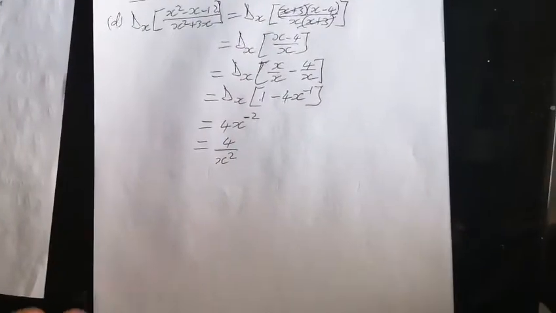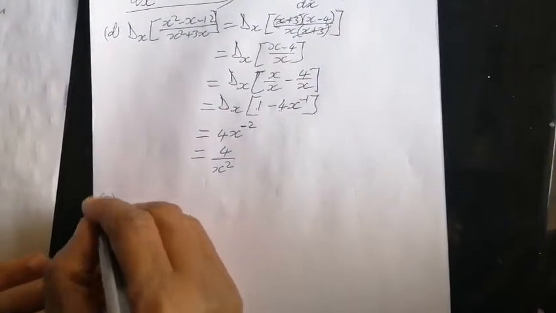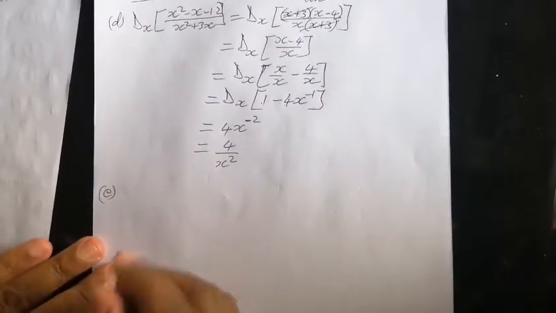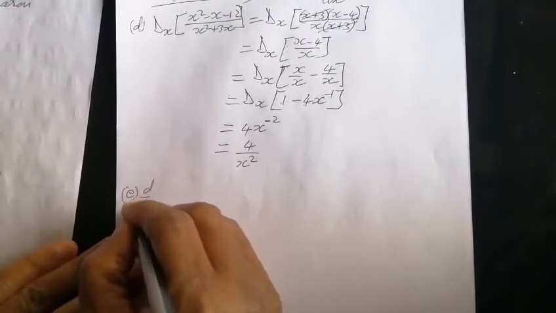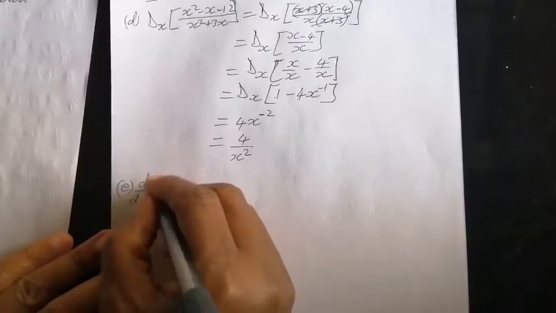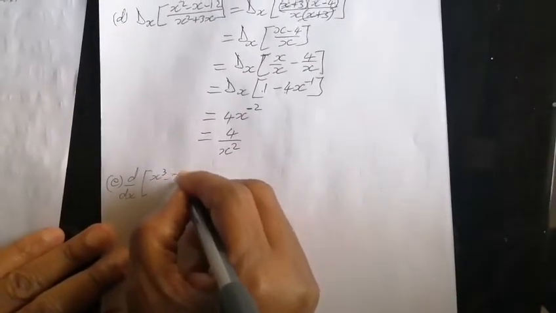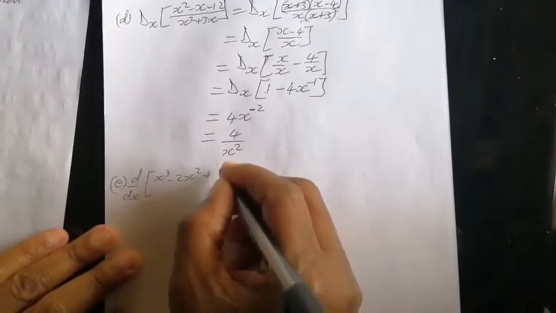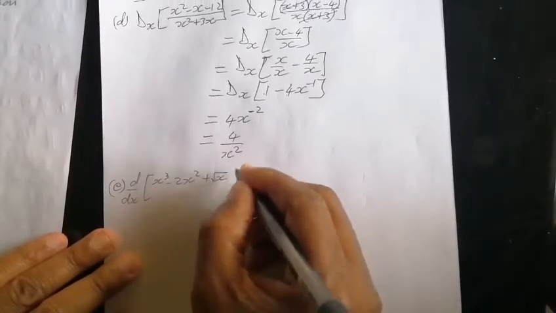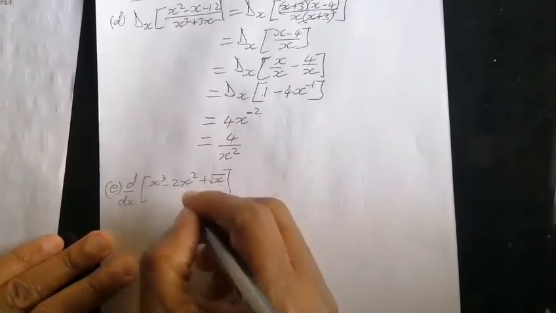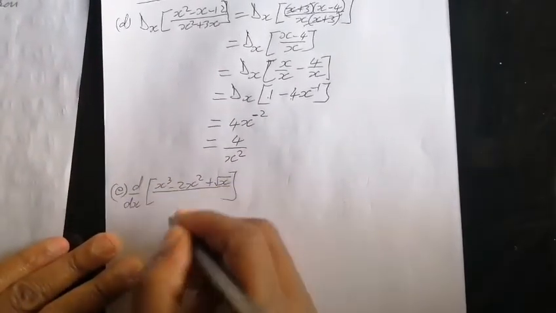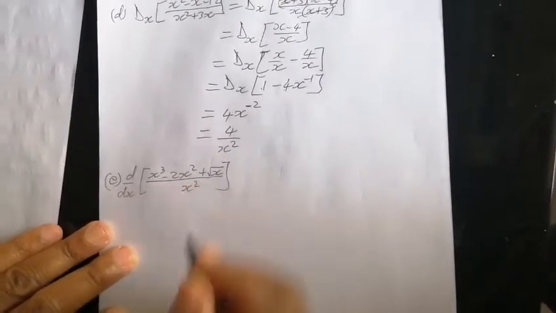We are now taking part E. We want d/dx of x cubed minus 2x squared plus root of x all over x squared.